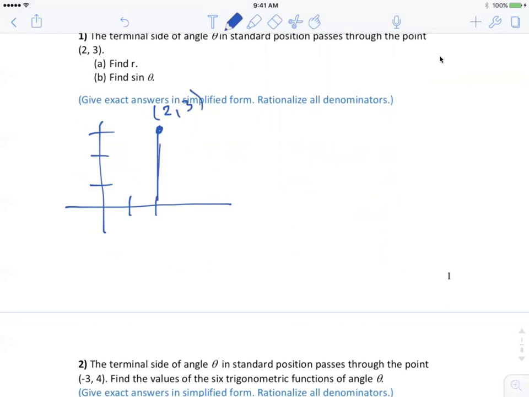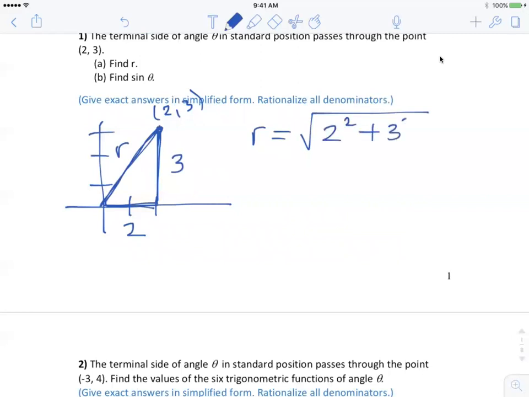That side is the y value, that's 3. This side is the x value, and that's 2. If I want to find r, which is here, I can use that formula above, which is basically the Pythagorean theorem. r is equal to the square root of 2 squared plus 3 squared.